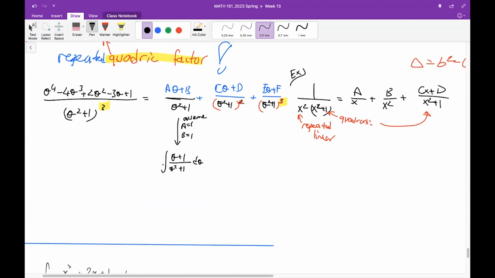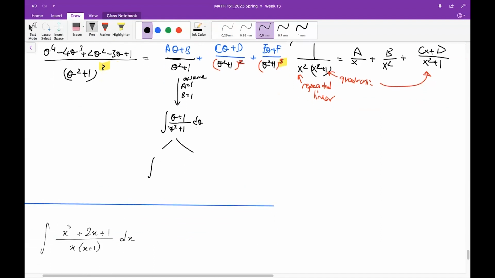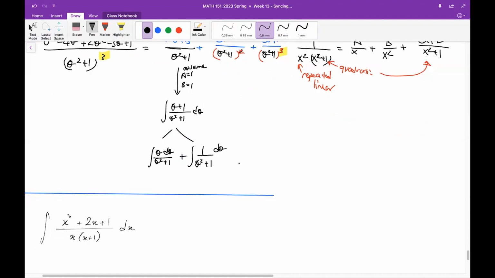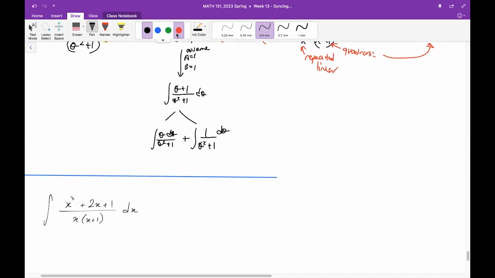Yes, we can, because instead of using a common denominator, you can just decompose it into 2 forms like that. I write separately, which is possible. And then we know how to integrate both forms.